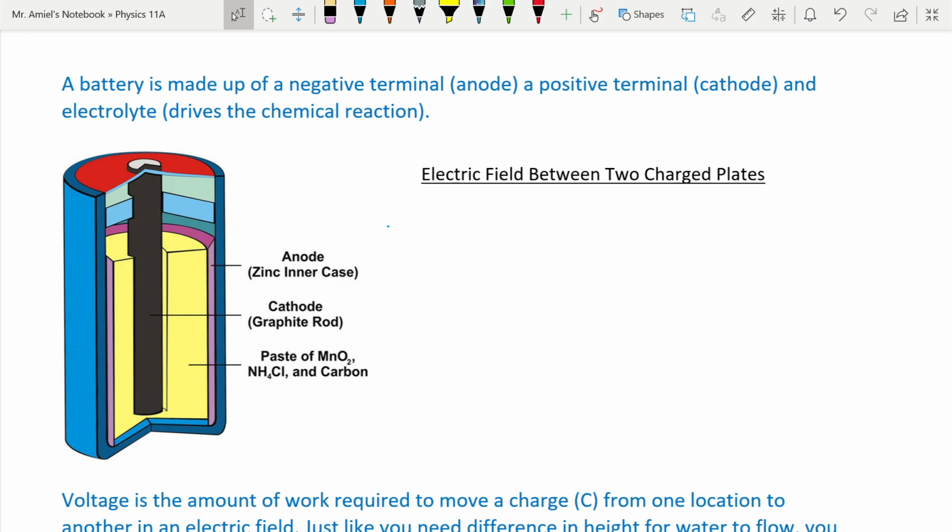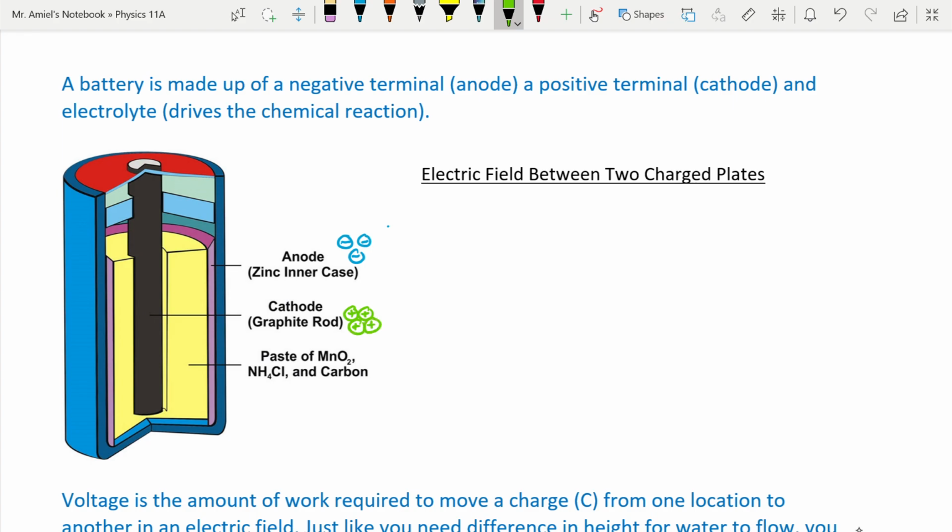These are the components. You're going to have an anode made of one type of metal, and that is going to house your negative charge. So this is your negative terminal. And you're going to have a cathode, which has positive charges, and you're going to have an electrolyte.